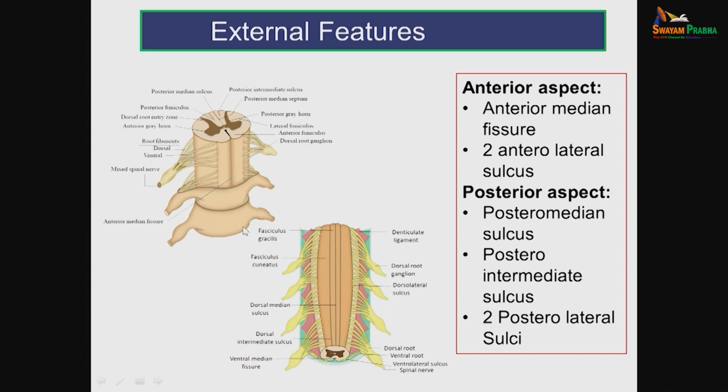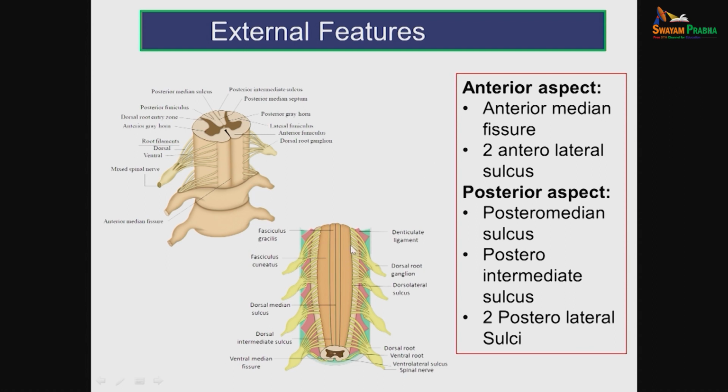In the anterior aspect, you can see an anterior median fissure, and on either side two anterolateral sulci. We will discuss these in detail in the next few slides.